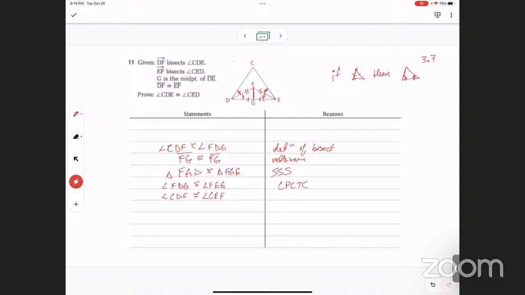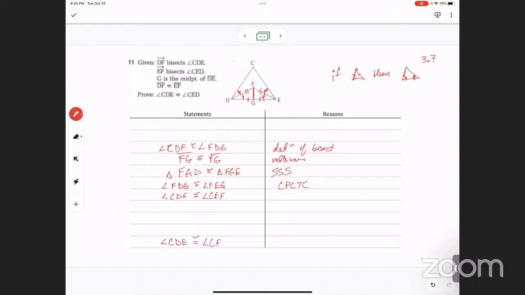Okay. But then the last step you want to say is, because remember, we want CDE, we want this whole thing right here, then you're going to do the addition property. The last step is the addition property. Do you see why?